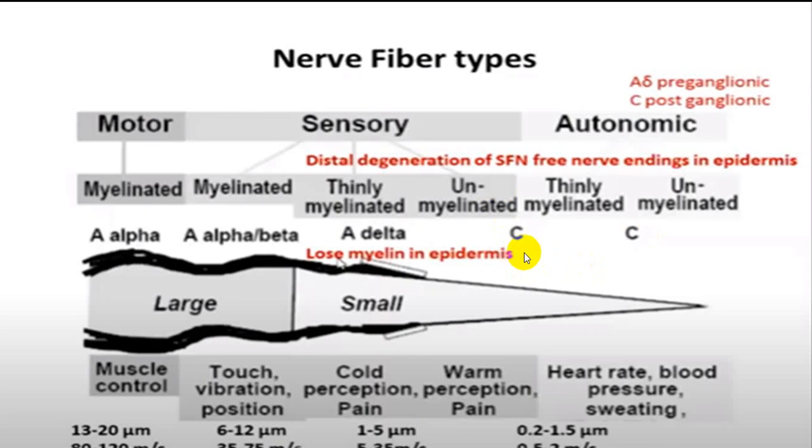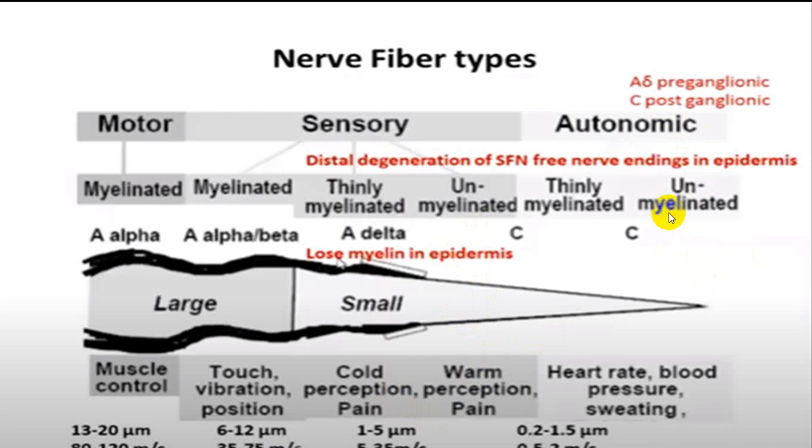Pain fibers which are unmyelinated are also called C fibers. While the thinly myelinated ones, which carry cold temperature and a little amount of pain sensation, are called A delta fibers. So whenever small fibers are involved, you will have pain and temperature gone, and you might have involvement of the autonomic nervous system.